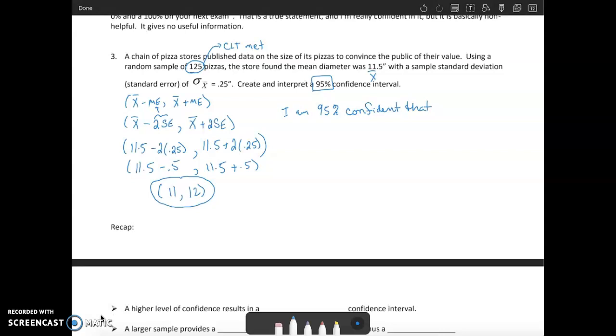I am 95% confident that the mean diameter of all pizzas from this store, because that's my population parameter, all the pizzas' diameters, that mean diameter of all pizzas is between 11 inches and 12 inches.